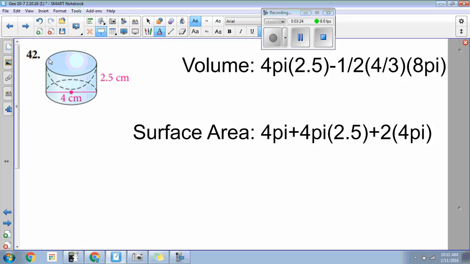And then on the top of the thing, it's got this hollowed out half sphere. We're going to figure out what the surface area for that is. So normal surface area for a sphere is 4 pi r squared. So I'm just going to use 2 pi r squared to get what half a sphere would be. When I add all of these up, it should come to 22 pi.